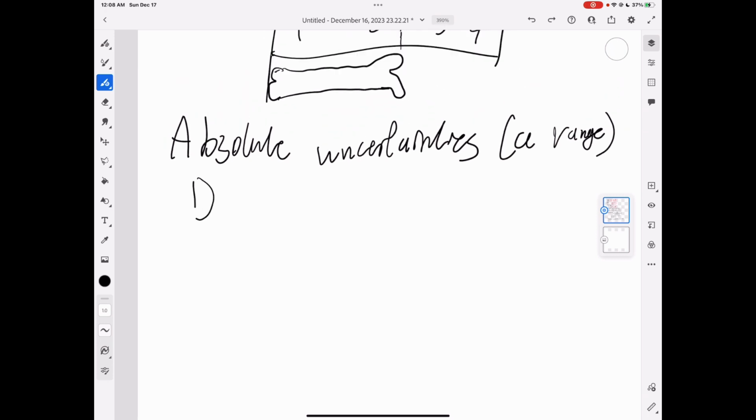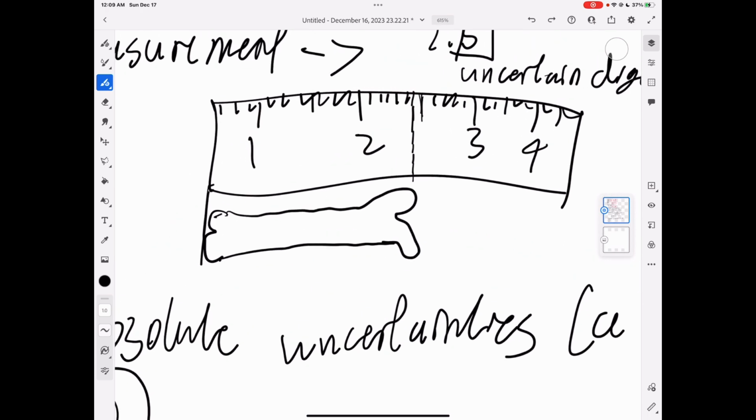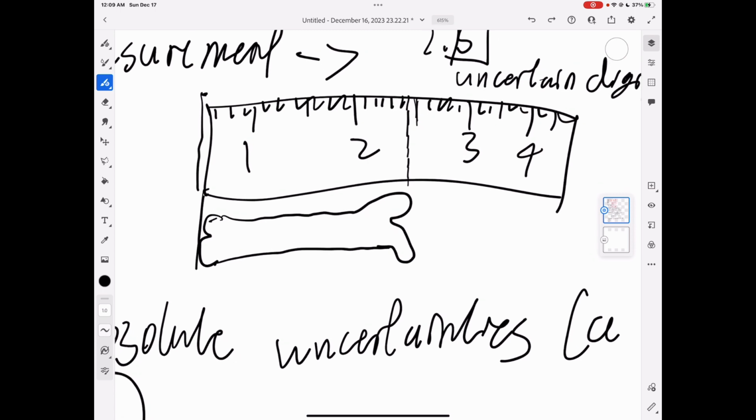So, looking back at this ruler, the first thing to know is that the uncertainty, or basically the error, in this measurement is one half the value of the increment of the measuring device. Because let's say that for some reason we're offset here, or something happened and I just read it wrong. This absolute uncertainty basically adjusts to make my experiment more precise.